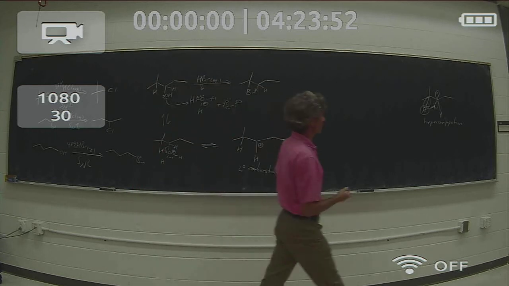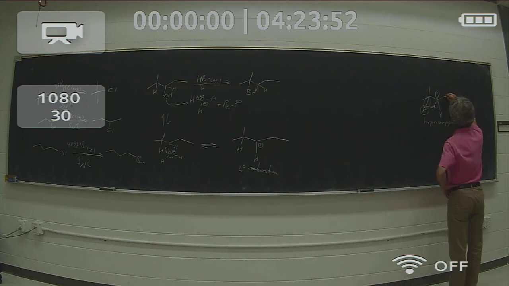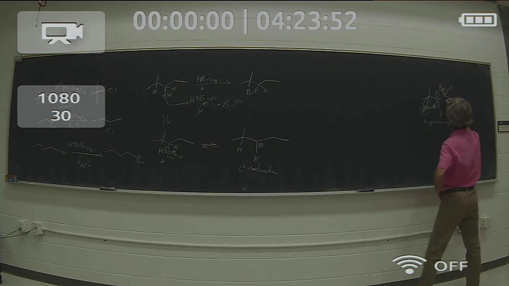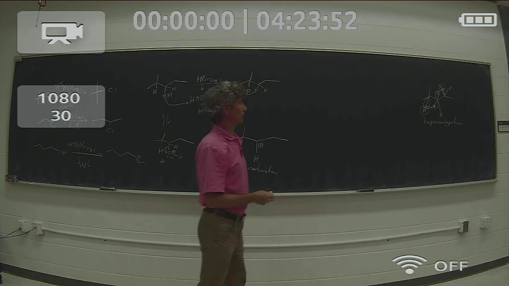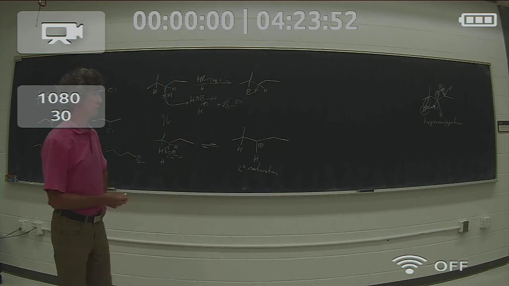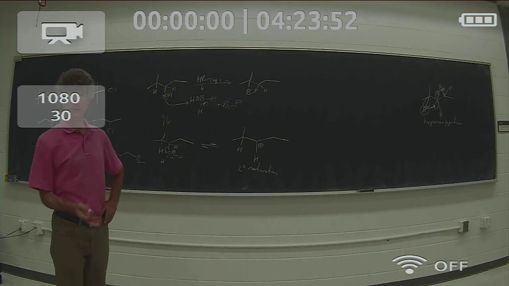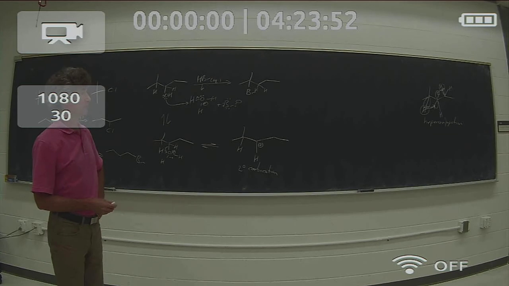And we've got additional donation coming from sigma bonds on the other adjacent positions. So in this case, we have hyperconjugation from both directions, from the 2 adjacent carbons, stabilizing the secondary carbocation.